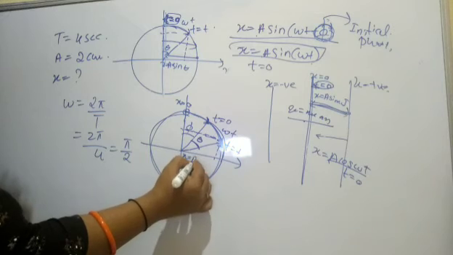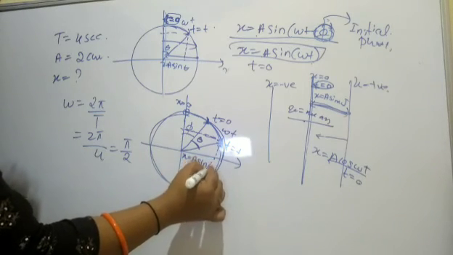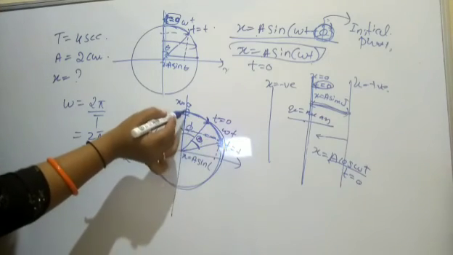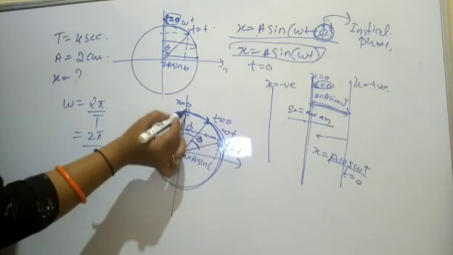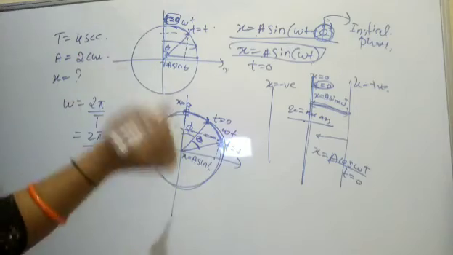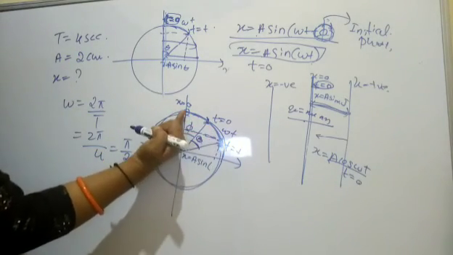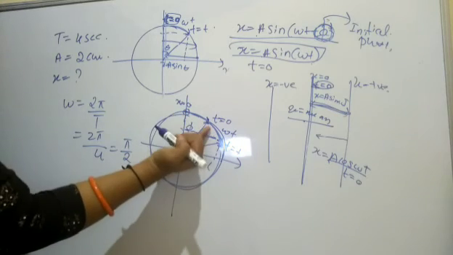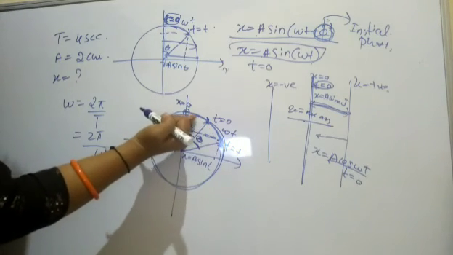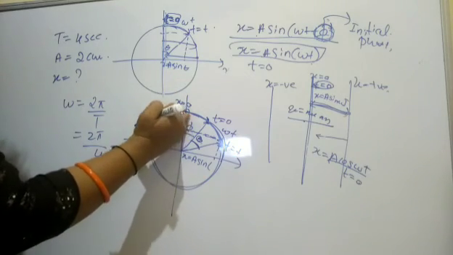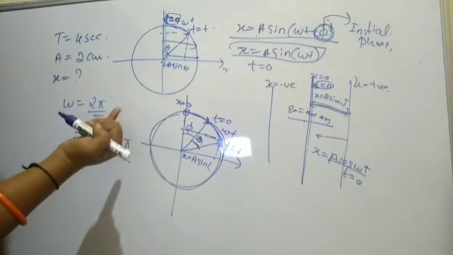X is equal to a sine, not only theta here, because the total journey is from here to here. For the body to reach this point, it has to travel this. So this is the initial point, or the initial phase, where we can see the particle executed.